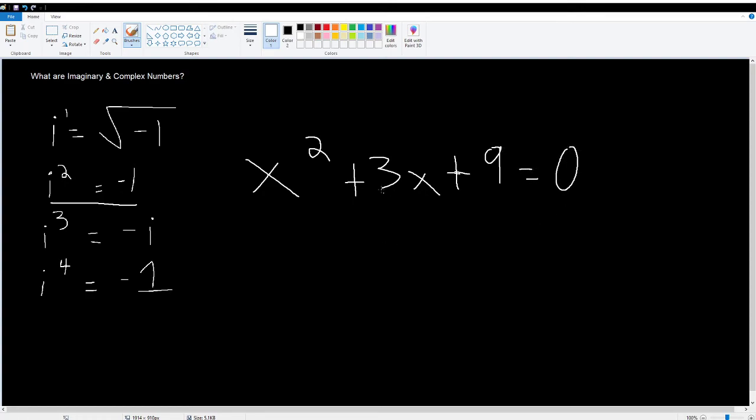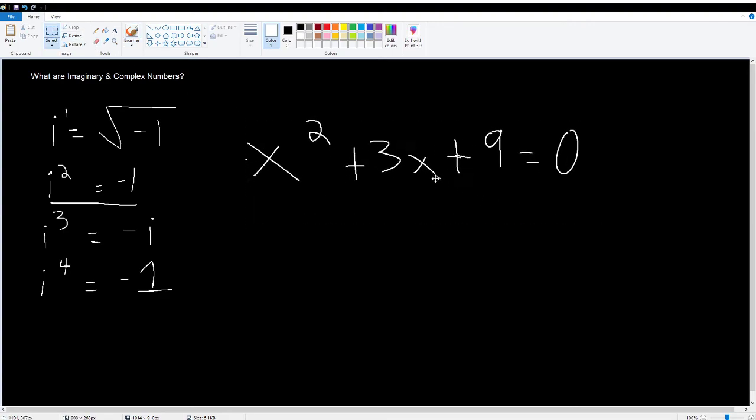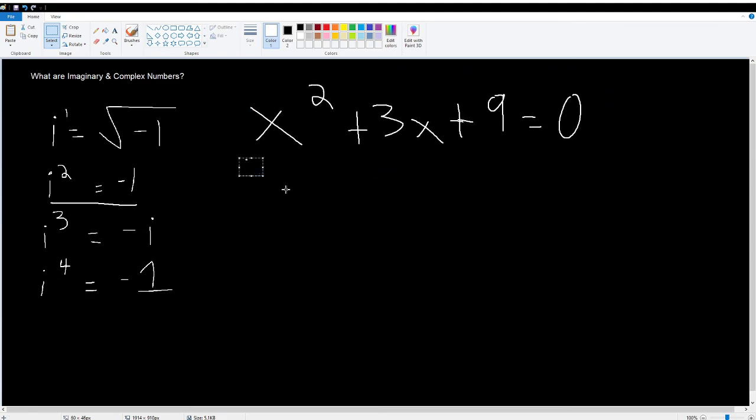I want to find the solutions to this equation. And we can see that we can't necessarily factor this quadratic, because there aren't any two real numbers that multiply to 9 and add to 3. So we use the quadratic formula.